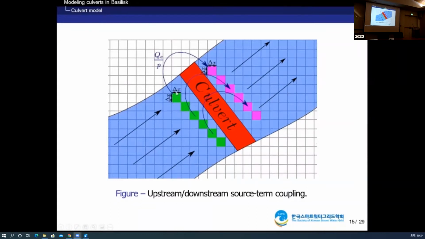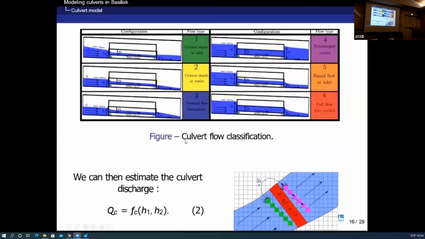One of the main problematic points is the equations that we use to link the water height here and here to the discharge. Some studies show that there is some culvert flow classification, and for each culvert flow, we will have a different set of equations. So I chose to use 6 different culvert flows, depending on the upstream and downstream water height, and also the characteristics of the culverts.